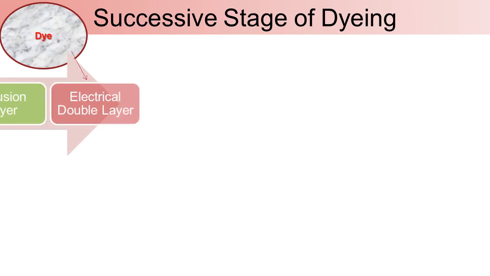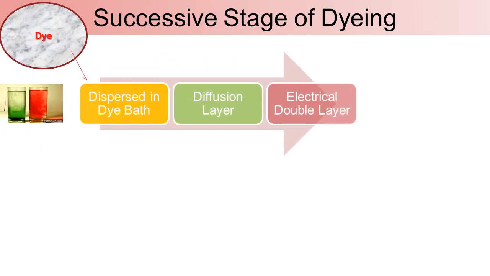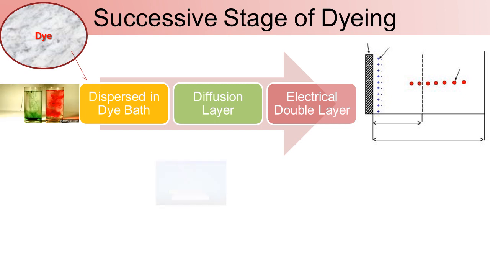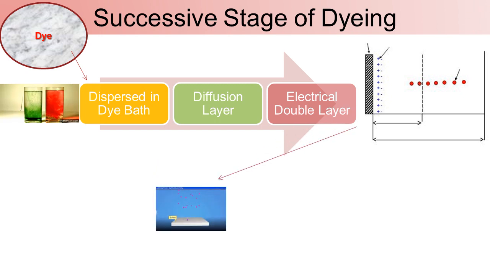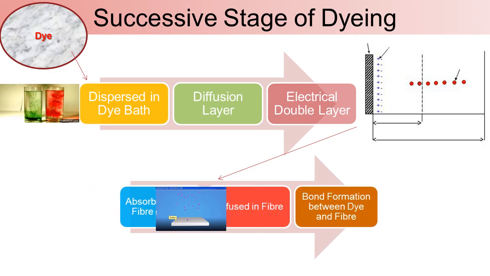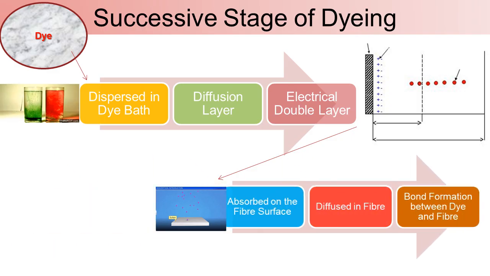The successive stages of dyeing, or the mechanism of dyeing, are: the dye or the chemical substance is first dispersed in the dye bath, which diffuses and then forms an electrical double layer on the fabric, or it can be said that it is getting absorbed on the fabric and gets diffused into the fiber. Bond formation between the dye and fiber takes place, imparting color on the fiber.